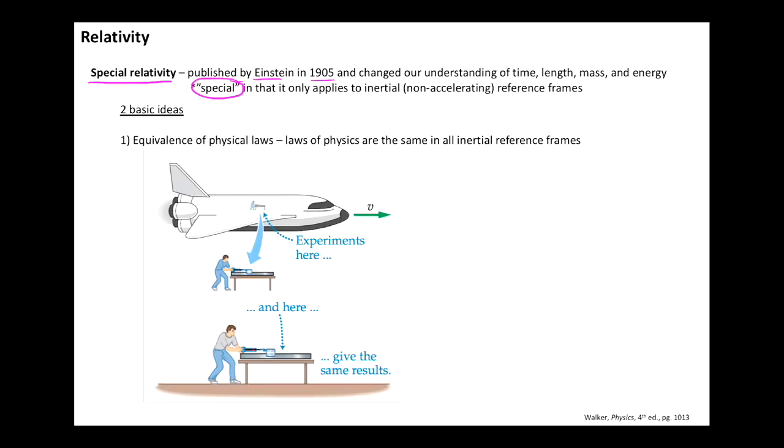Special refers back to something we talked about last semester just a little bit. Special is that it only applies if I have inertial reference frames. Inertial reference frames mean that the world that we're studying is not accelerating. I'm trying to remember where exactly we dealt with that. Does anybody recall?